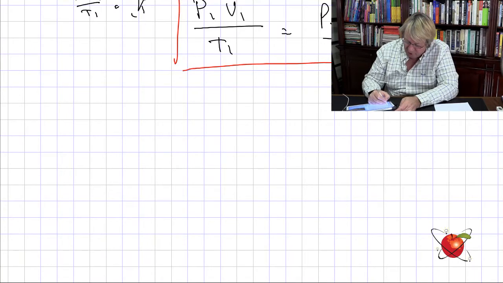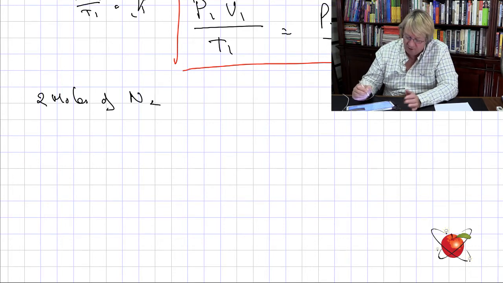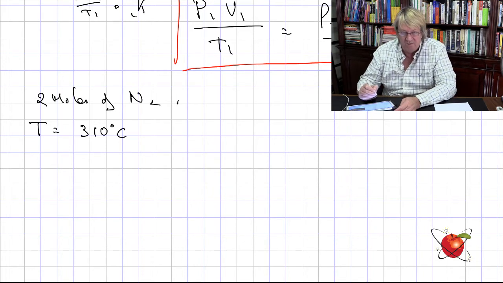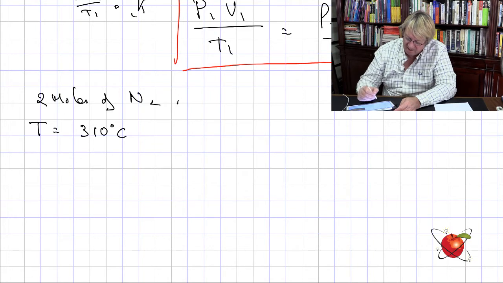We've got 2 moles of nitrogen, okay? 2 moles of nitrogen, and let's say the temperature of this is going to be 310 degrees Celsius, and the volume is equal to 0.5 cubic meters.